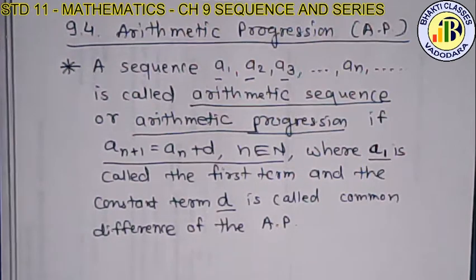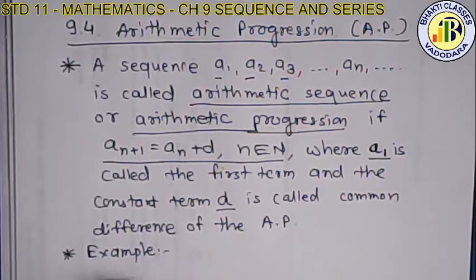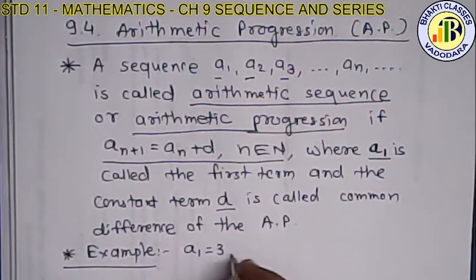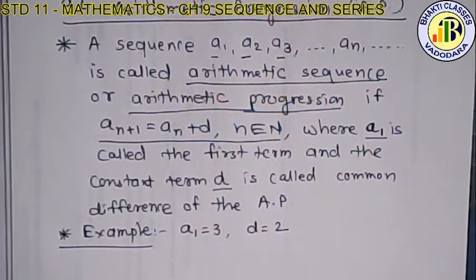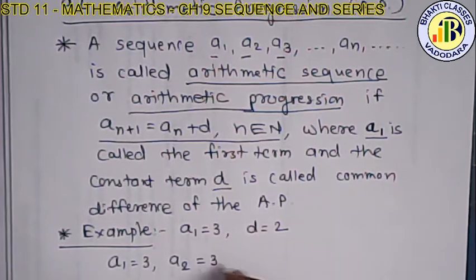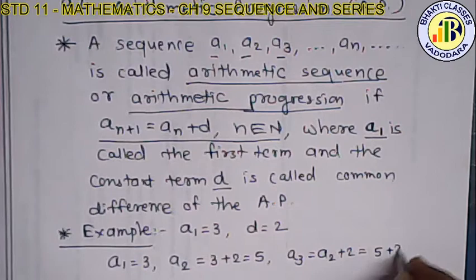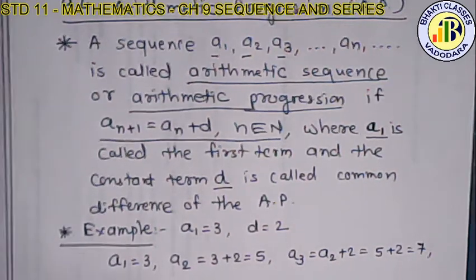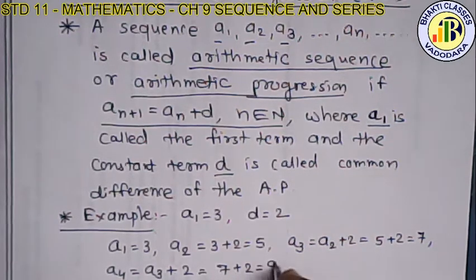For example, if I take a1 equal to 3 and d equal to 2, then I would have different elements: a1 is equal to 3, a2 is equal to 3 plus 2, that is 5, a3 is equal to a2 plus 2, that is 5 plus 2, that is 7, a4 is equal to a3 plus 2, that is 7 plus 2, that is 9.